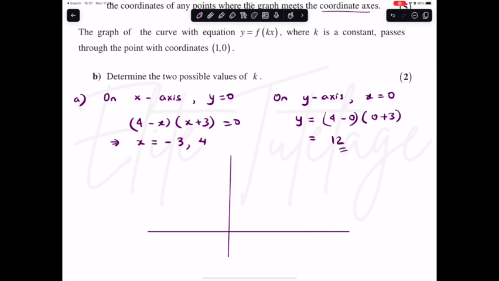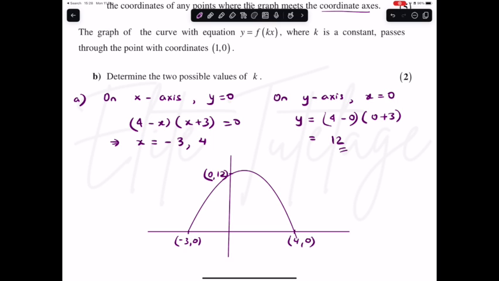So I've got my x and y axis, and my coordinates are minus 3, 0 and 4, 0, and then on the y-axis it's 0, 12, and let's plot that around something like this.